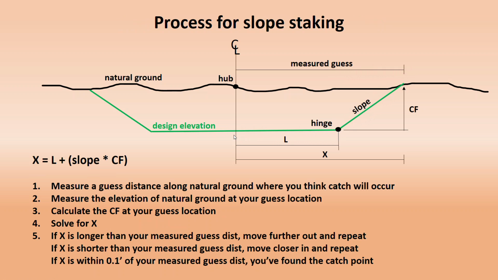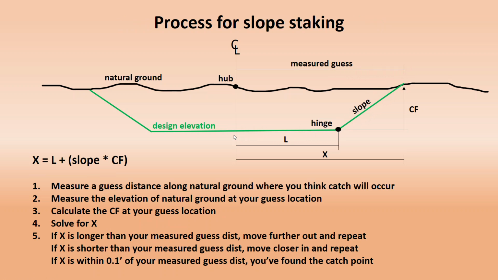If we look at the process for slope staking, it's a pretty simple process, and once you do it 1 or 2 times, it really becomes almost automatic that you can do it in your mind. But until you get that clear comprehension of it, it can be really confusing for people.